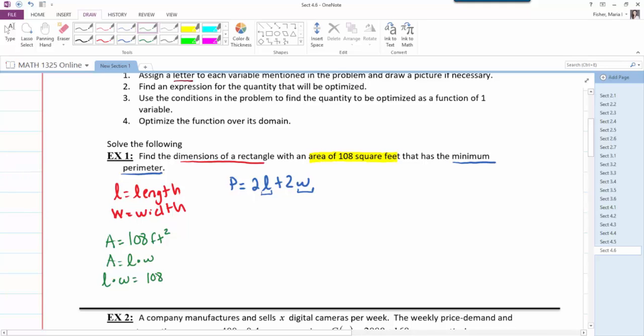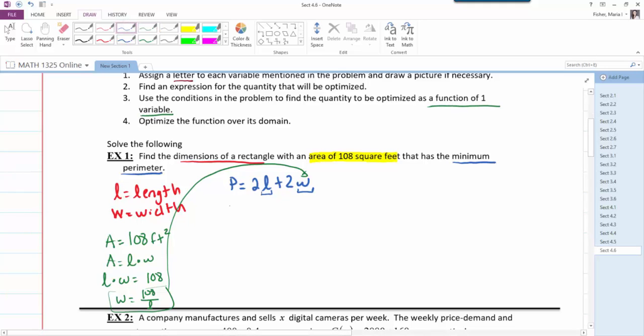So what I can do is solve this for either length or width. I'm going to solve it for width. Dividing both sides by length, I get that my width is equal to 108 over L. And then I can substitute it in place of my width in my perimeter equation to get a function in one variable.